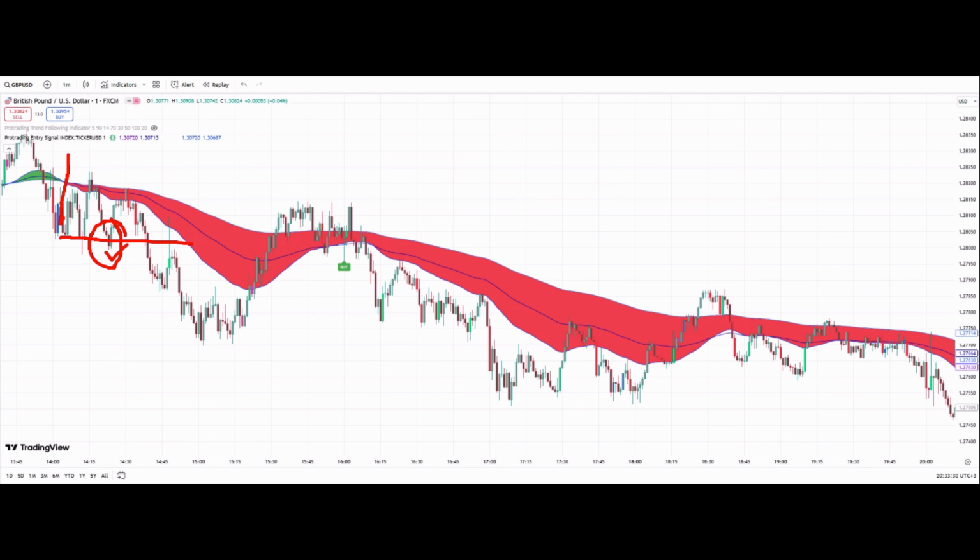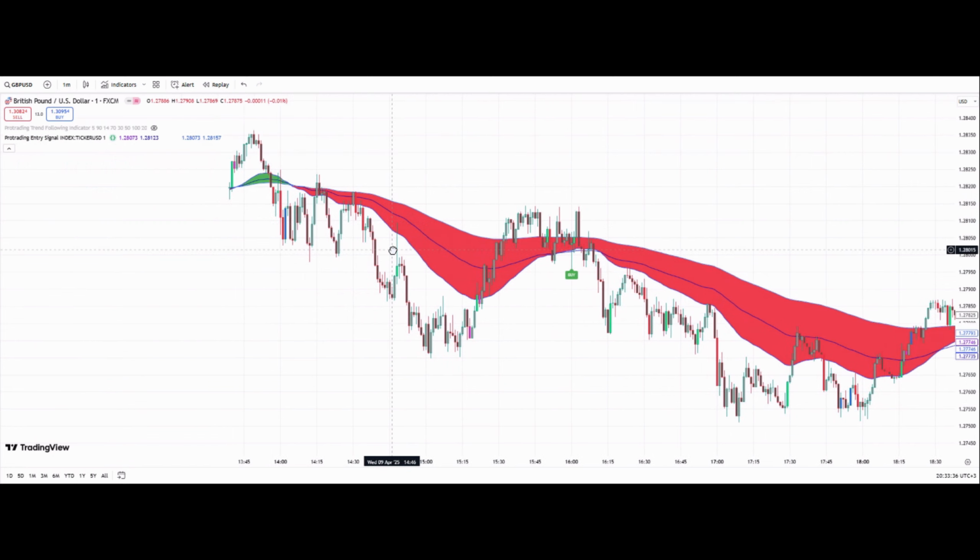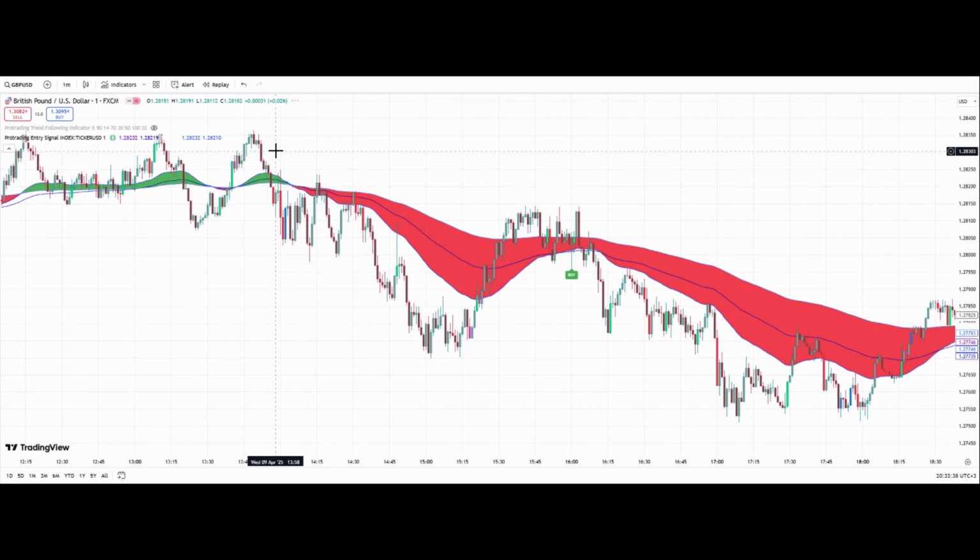On this trade, we make sure we have our stop loss at the most recent high. You will see here, this is the most recent high at this particular time. So this is where you are going to have your stop loss. As the market is moving, our target is 1 to 1.5.